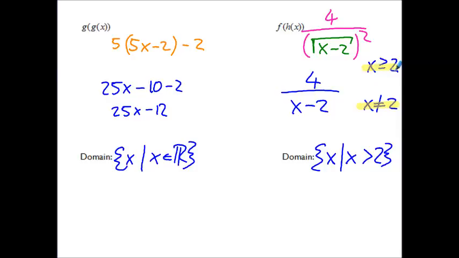So that's why it's important to check your domain restrictions before you simplify, or you may miss out stuff. And then those domain restrictions combined end up down here telling us that x has to be greater than 2. Not just not 2, and not just greater than or equal to 2.